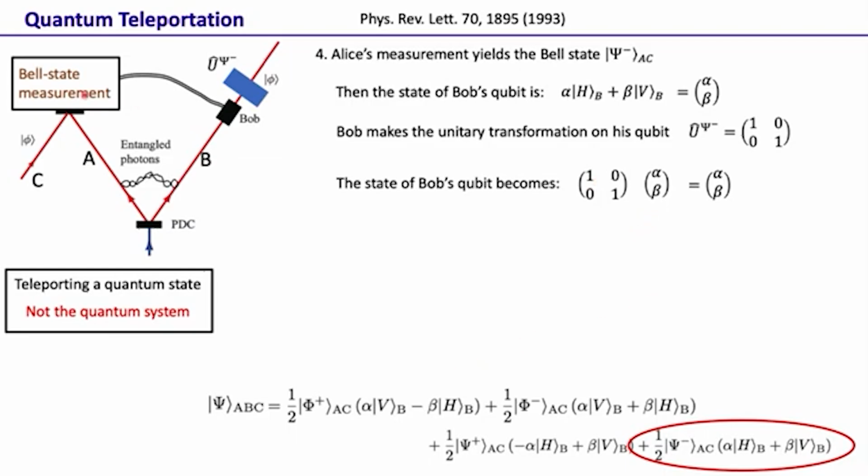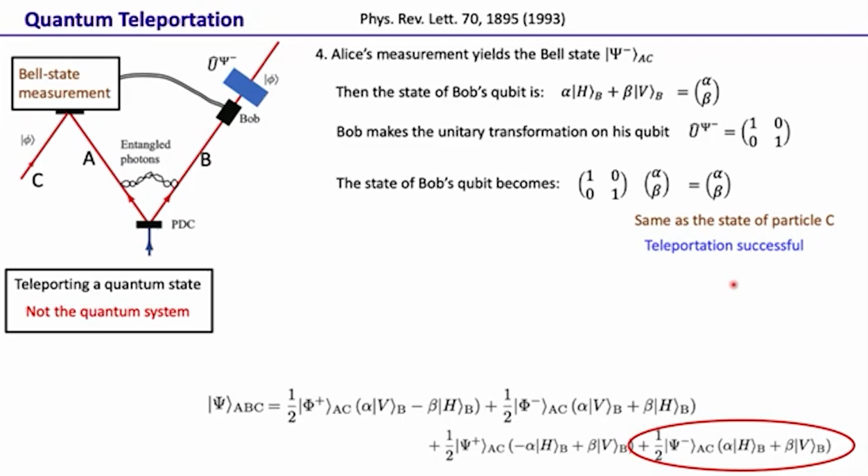So in each measurement instance, Alice provides that information to Bob as to what Bell state she obtained, and in that particular measurement instance, Bob chooses the unitary transformation based on the information obtained from Alice, and then in each instance he can make sure that the state of the particle after the unitary transformation is the same as the state of particle C, and then we say that the teleportation is successful.